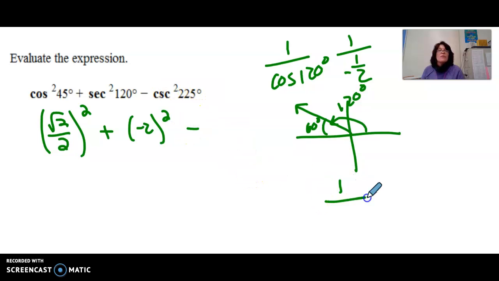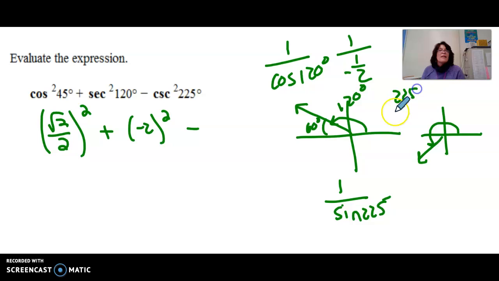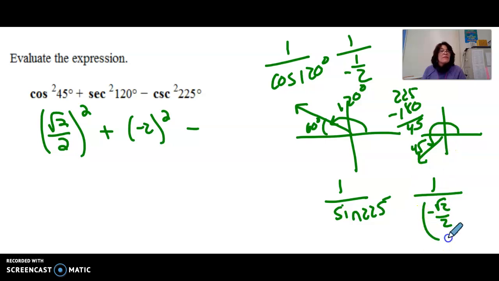Okay, cosecant is 1 over the sine of 225. Okay, so I'm going to think about where the sine of 225 is. Let's see, 225 minus 180. So I'm 45 degrees more than 180. So I need to figure out the sine of 45, which I know is square root of 2/2. Okay, it's negative though, right? Because sine is negative in the third quadrant.